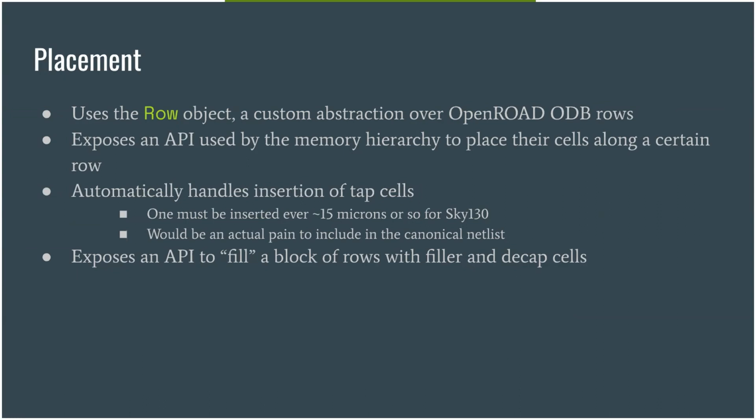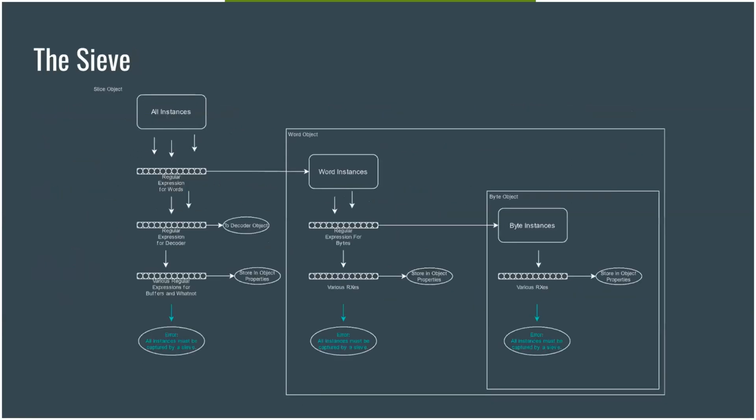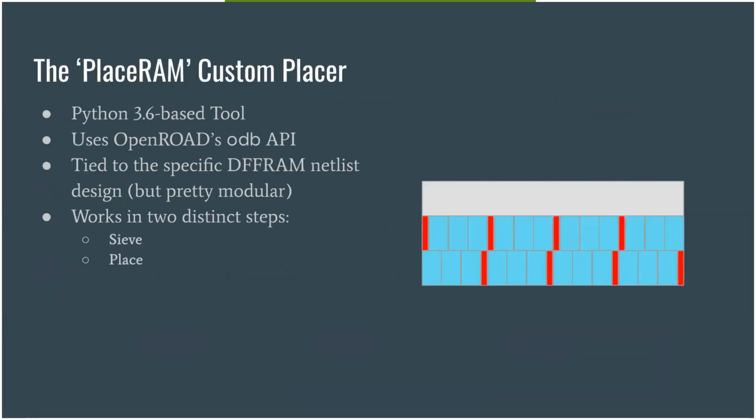So we just made the row object handle them automatically. It does expose an API to quote unquote fill a block of rows with filler and decap cells. So this little animation I showed you earlier, that's actually how the row object works. You can insert cells into it and it'll automatically handle a tap cell when it's time.